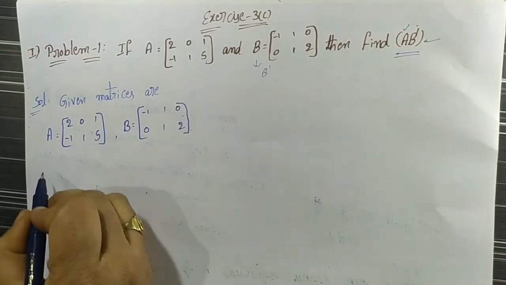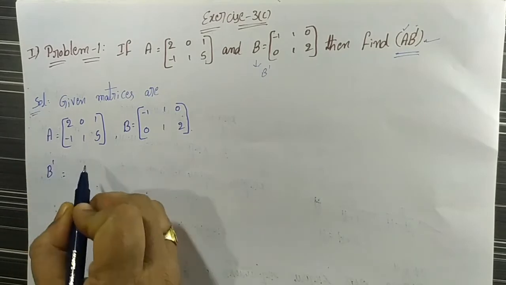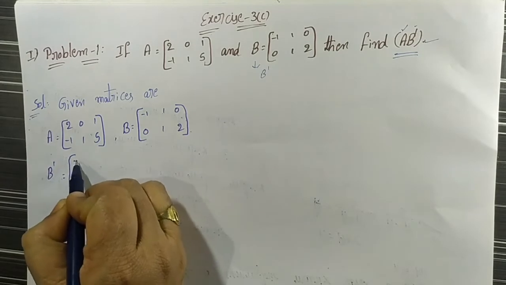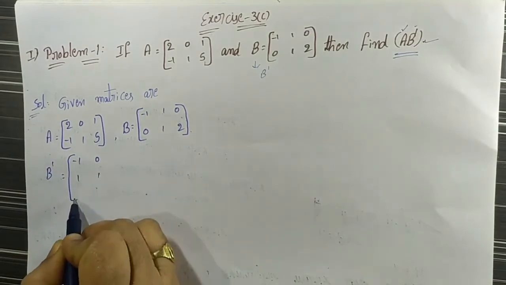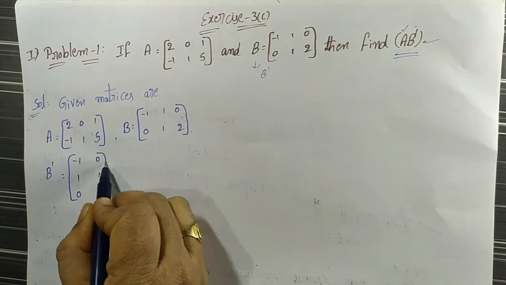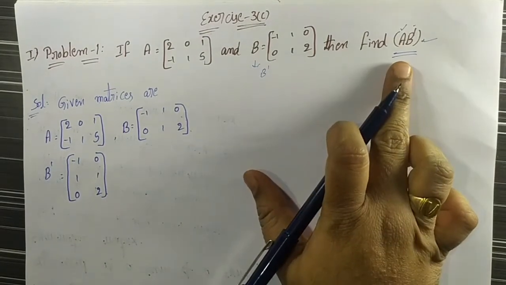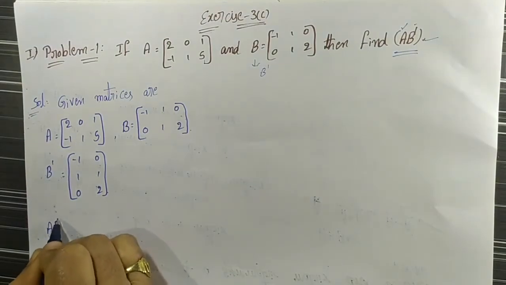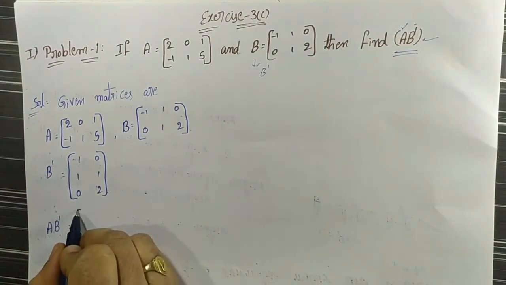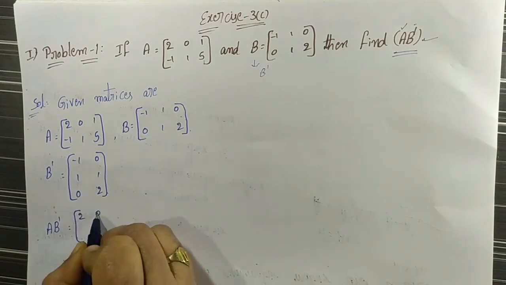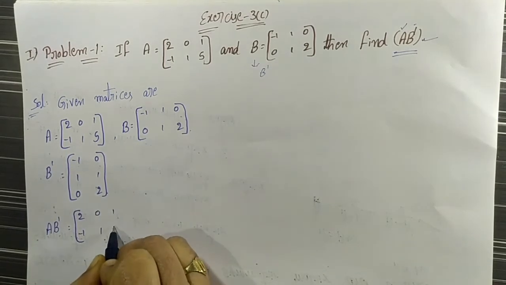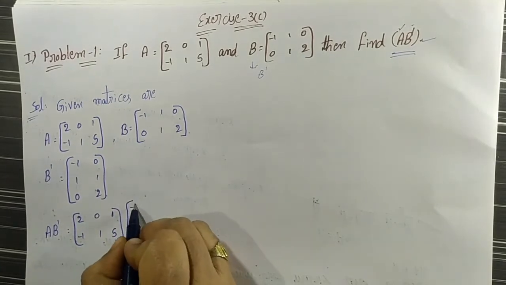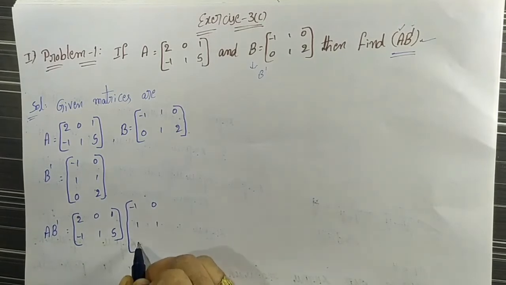This is matrix B. From this, B' equals the transpose of matrix B, which is [-1 0; 1 1; 0 2]. This is the B' value. Next we will find the AB' value. Then AB' equals matrix A, [2 0 1; -1 1 5], into B' value, [-1 0; 1 1; 0 2].